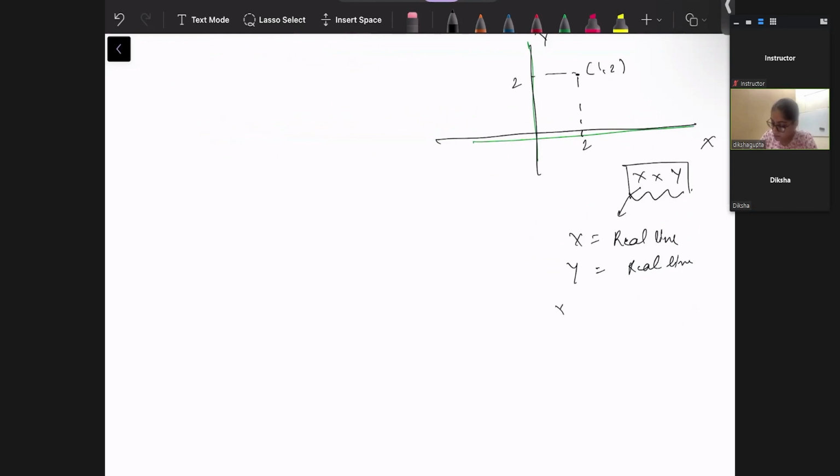So what does x cross y contain? We are taking all the elements of x and all the elements of y and writing them as an ordered pair, right? Like 1 comma 2 is one of the elements of x cross y. This x cross y is what we call the Cartesian product of x and y, where x is the real line and y is also the real line in our case.